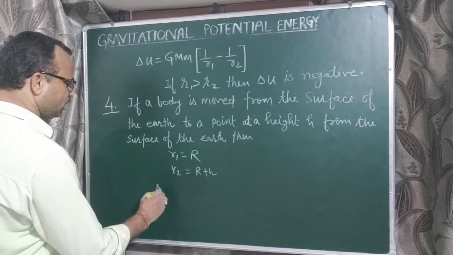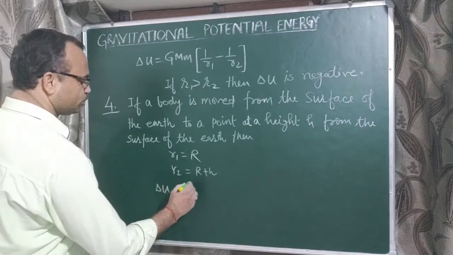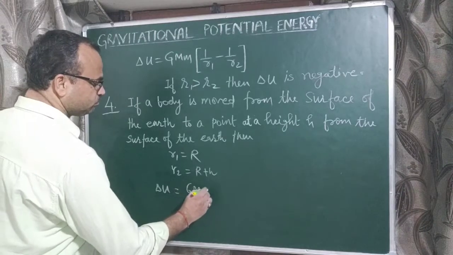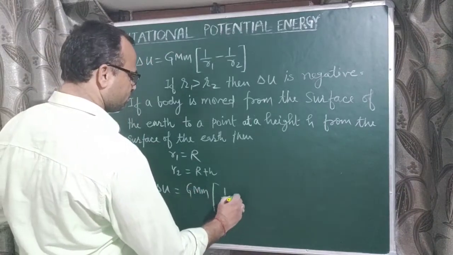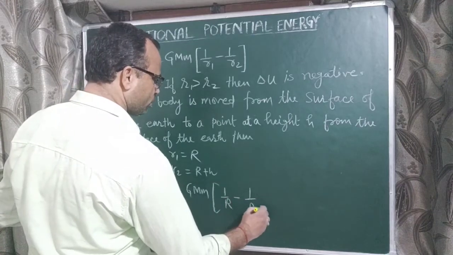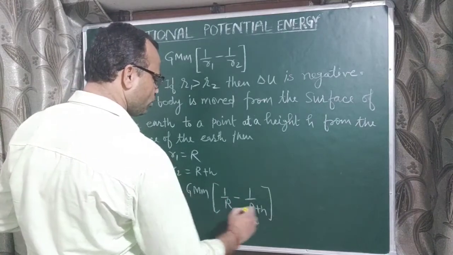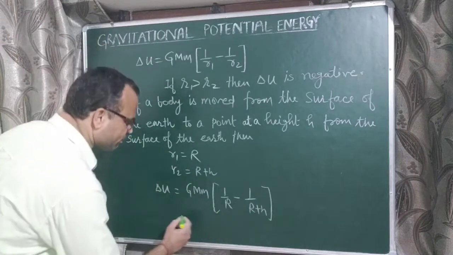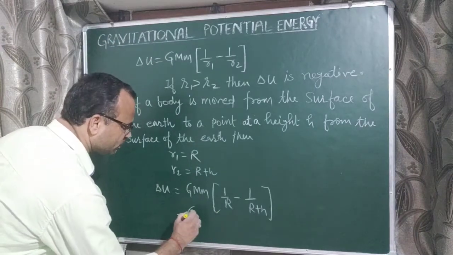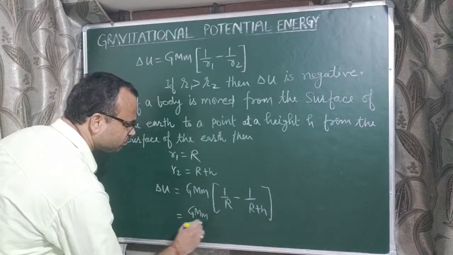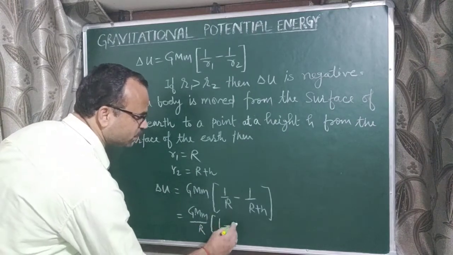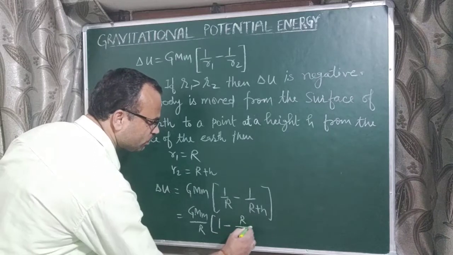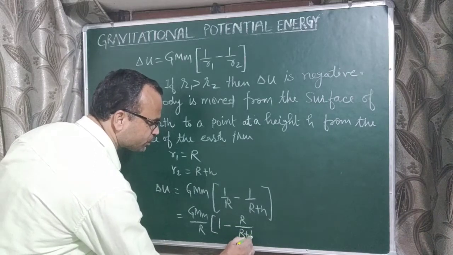Then delta U will be GMm times (1 upon R minus 1 upon R plus h). Now 1 upon R taken as common, so GMm upon R times (1 minus R upon R plus h).